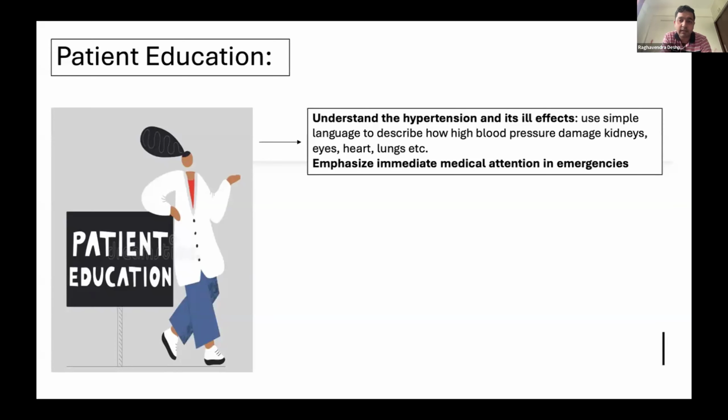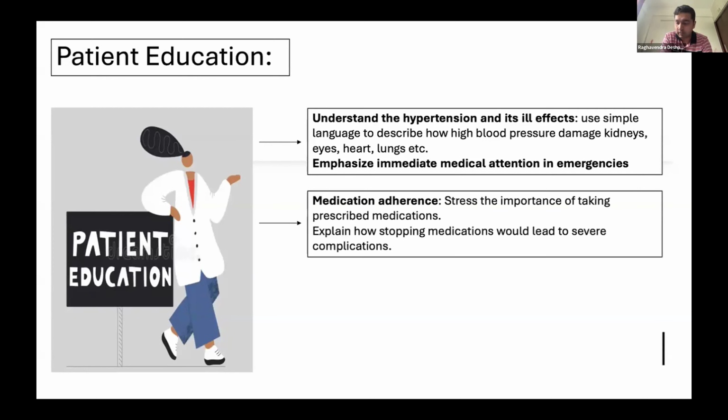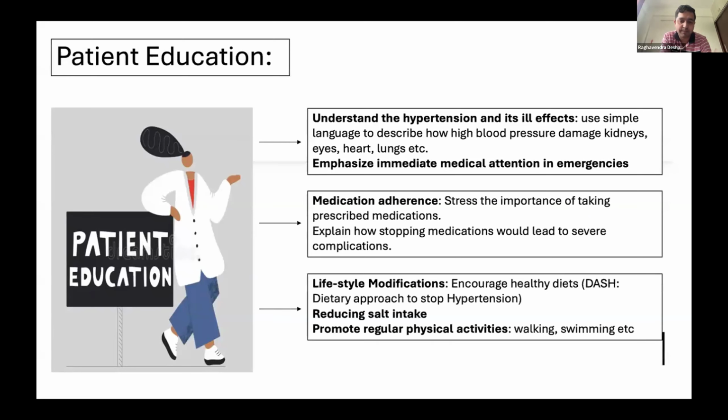Emphasize immediate medical attention in an emergency. If the patient has certain problems, for example this patient had difficulty in breathing, the patient needs to be attended to by medical professionals. Apart from that, the patient should be emphasized on strict adherence to the prescribed medications, explaining how stopping the medications would lead to repercussions and complications.